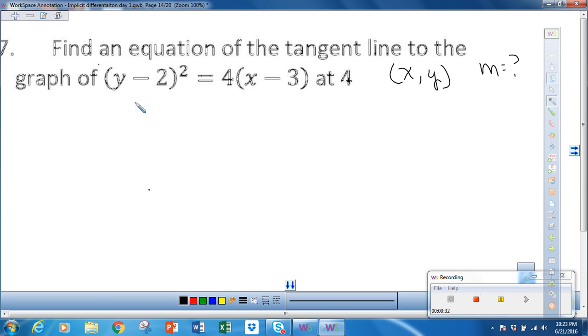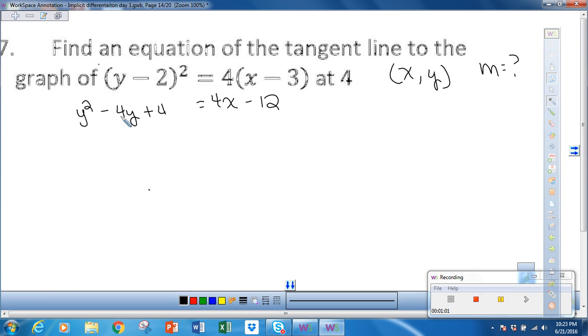Okay, so it may be helpful to distribute this, so let's just write this as 4x minus 12, and we can write this as y squared minus 4y plus 4.